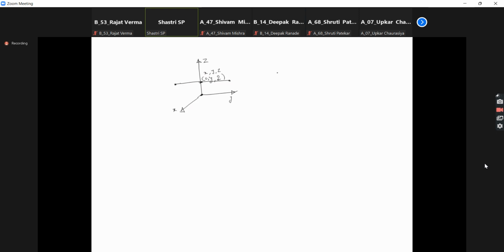If y is not mentioned, it means that it is parallel to the y axis, because if it is running parallel to your y axis, then there is no need to define y, because your wire is present for all values of y. Here also the wire is present, here also, here also. The length of the wire is not mentioned, which means it is an ideal situation.